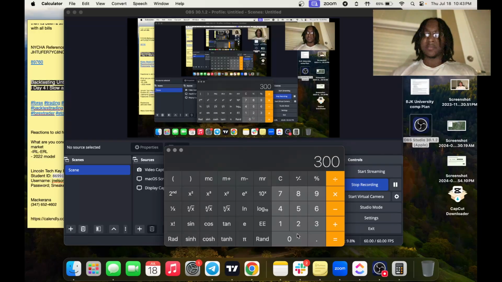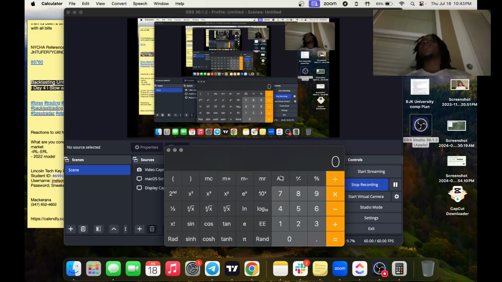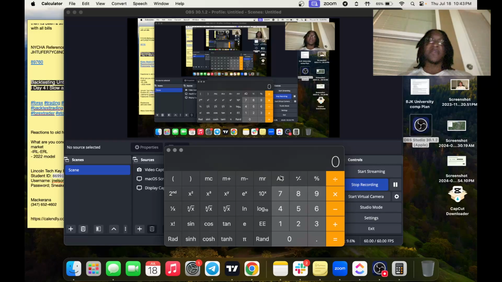So 30 grand times 5% is 1.5K, times 2 is 3K. So you would be making 3% on the trade, risking 5% of 30 grand, instead of looking at it from the perspective of risking 1.5% of 100 grand to get your 1 to 2 at 3 grand.